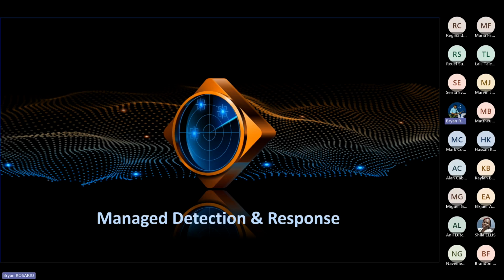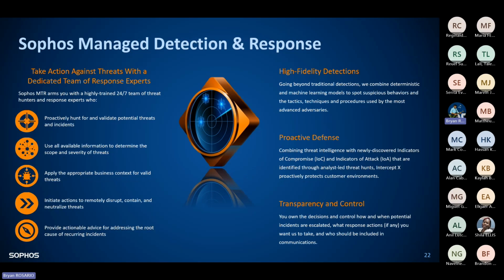We are not going to deep dive into managed threat and response. This is a separate topic in our deep dive series, but we are going to give an overview of what MDR is. Managed detection and response is basically a service on top of our XDR product.